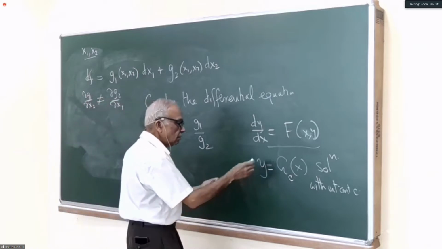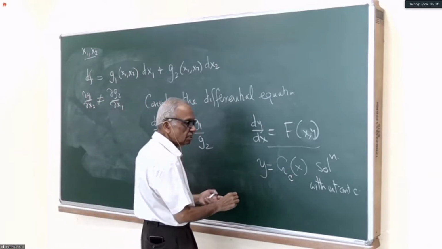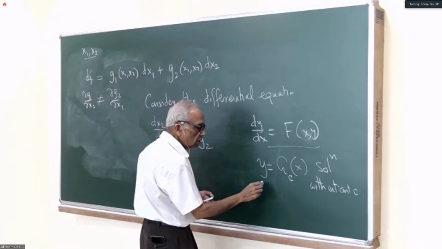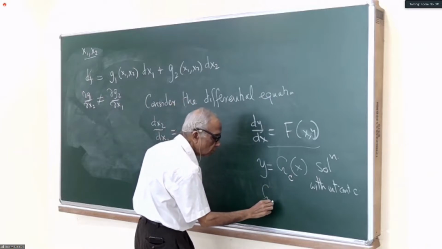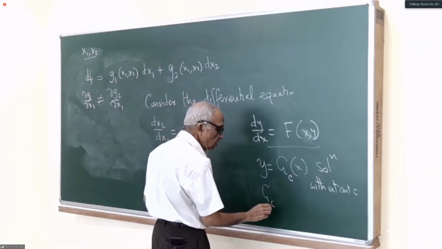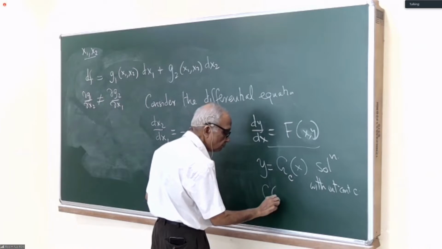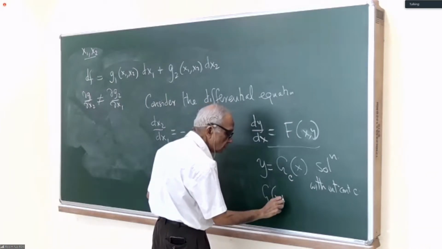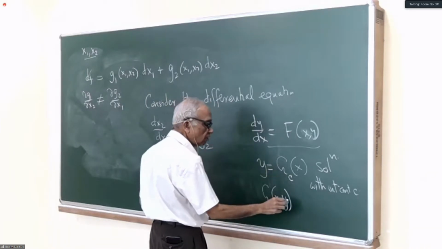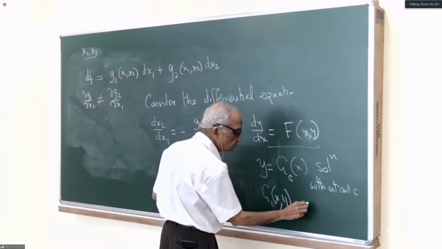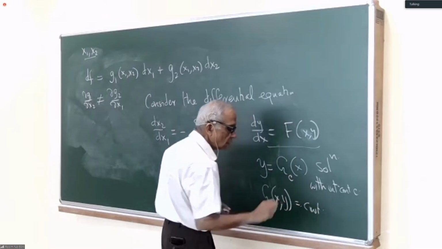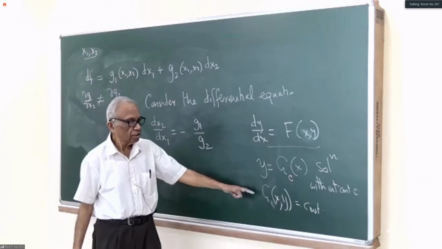That is, this explicit writing may not be possible, but you would always be able to write some function g of x and y equal to some constant. That would always be doable.